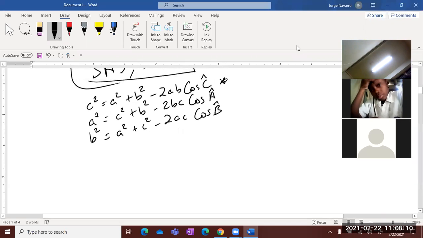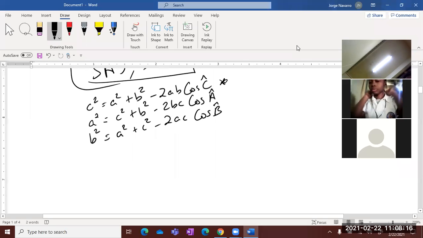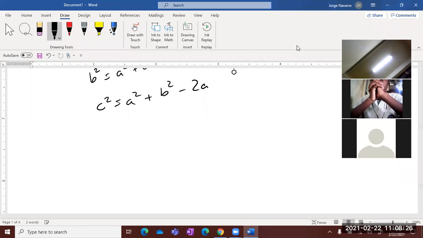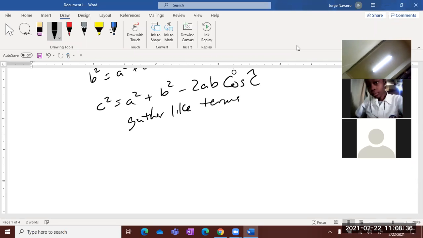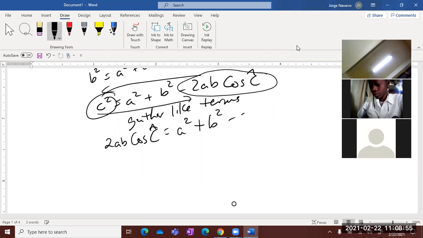So let's say, and it has to be from its original set, if I'm looking for angle C, as in this case, I will take C squared equals A squared plus B squared minus 2AB cos of C, and I will gather like terms, meaning this, which is negative, which should not be negative, will fly to this side, and the C squared will come to that side, giving me 2AB cos of angle C equals A squared plus B squared minus C squared.